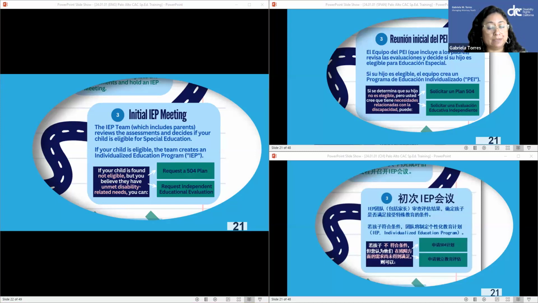But at the initial IEP meeting, all of the assessors who have assessed the student must be present to present their findings and determine whether or not the student is eligible for an IEP. If the student is eligible for the IEP, the team will create an individualized education program that lists the special education eligibility, the supports, services, the educational setting, and goals for the student.